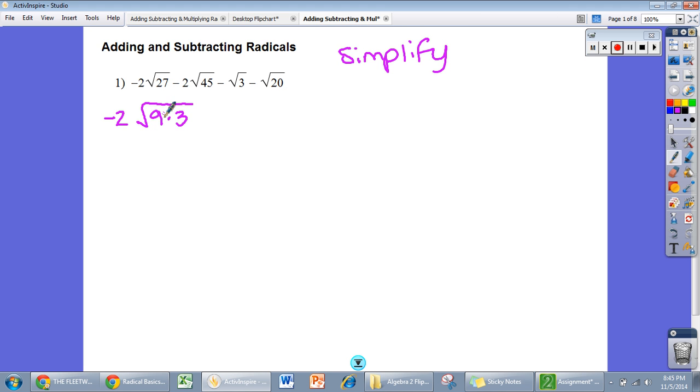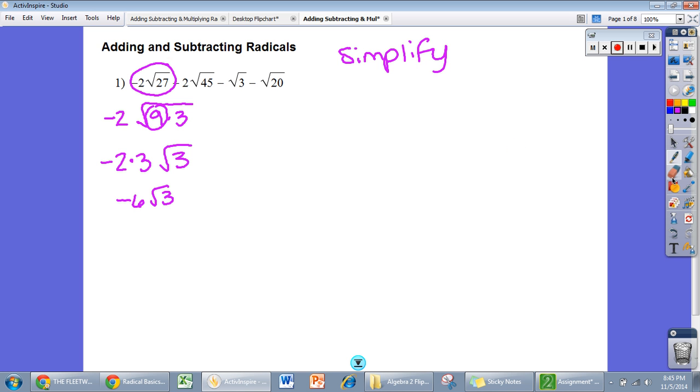And the square root of 9 is 3. So I'm going to bring that out along with my 2. They're going to get multiplied together because, again, the square root of 9 is 3. What's left is square root of 3 on the inside. Let's continue to wrap this up. A negative 2 times 3 is a negative 6 square root of 3. And we've taken care of our first.